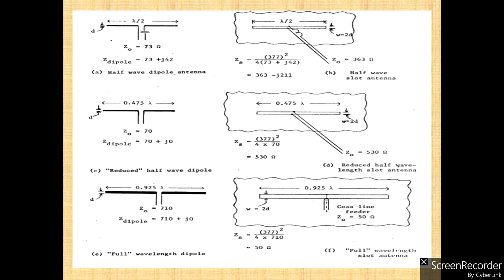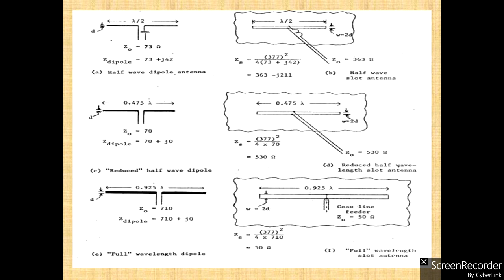For a half-wave dipole antenna, we know that it has about 73 ohms with a phase shift, approximately 73.6 plus j42.